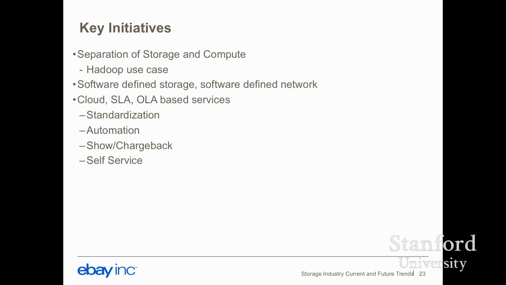Software-defined networking obviously is another aspect of it, because for this whole disaggregation to come into play, we need both SDN and software-defined storage solutions. And eventually the goal is to move to a cloud OLA-based, SLA-based, as-a-service environment.